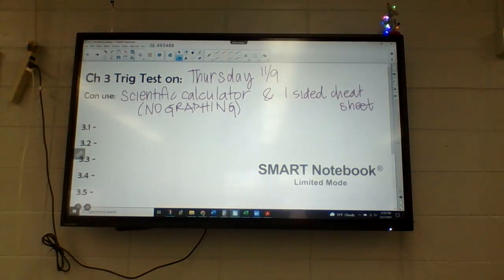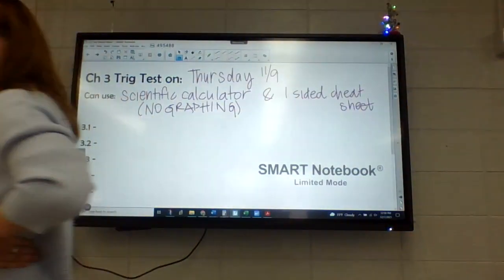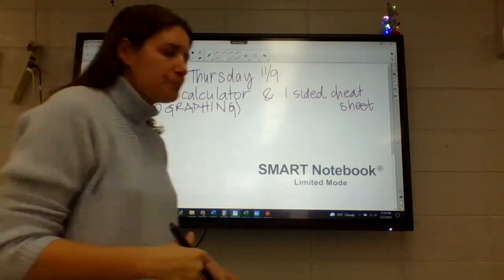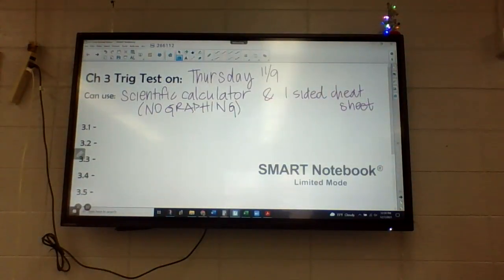Waiting and then not having one, especially for a test like this, that there's a lot to remember, would be really frustrating. So you can use one side of a cheat sheet. Graphing calculator is not okay, but a scientific calculator is okay. And if you need one, I do have them. I just probably don't have one for everyone. I need to restock.